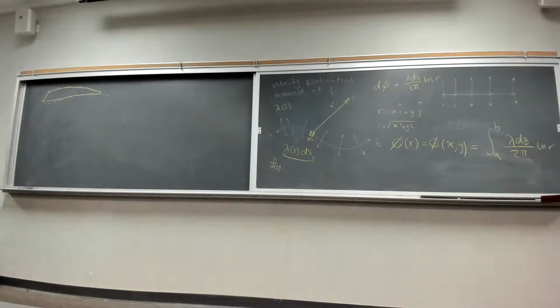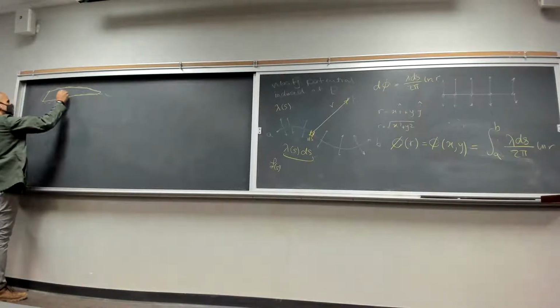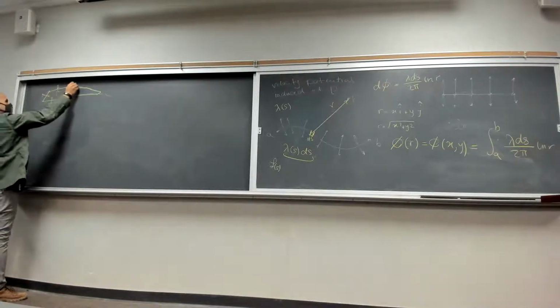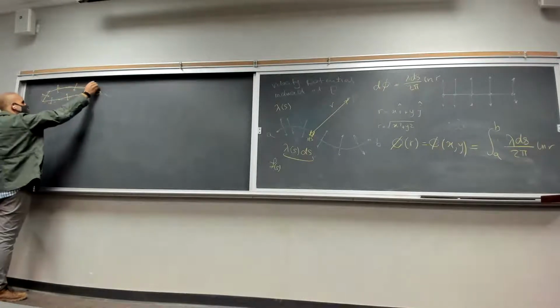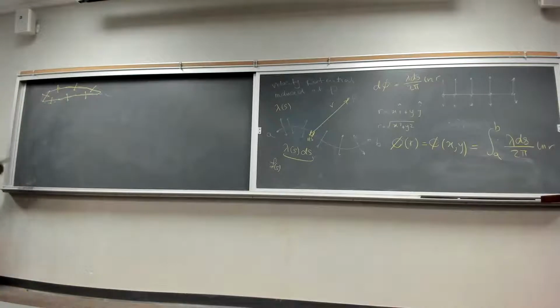And these are all line sources. The difference between this source sheet and these panels is that the strength of your source is going to stay the same throughout one panel.